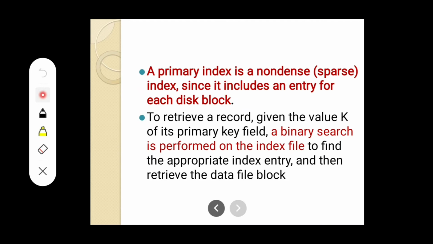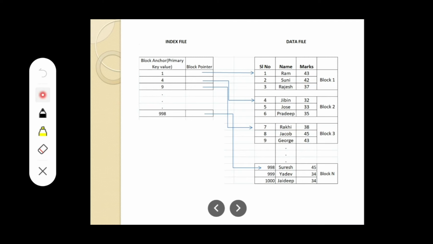അതായത്, look at the table, look at the index. See here, I have told that the first field is actually the primary key of the data file. Now you see whether all the values of the primary key are there in the index file. 1 is there. 2 is there?